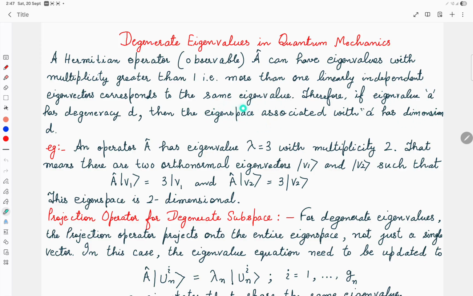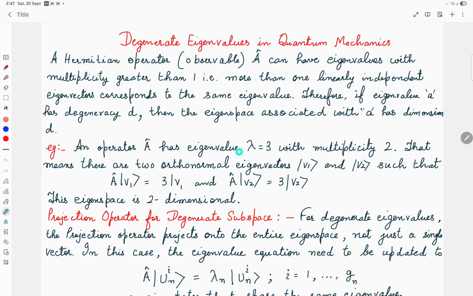Now what is this eigenspace? This eigenspace is basically related to the degeneracy of the eigenvalue. Degeneracy means this eigenvalue has more than one eigenvector associated with it. If this eigenvalue has an eigenspace of dimension D associated with it, that means D eigenvectors are associated with the same eigenvalue. So let us take an example here.